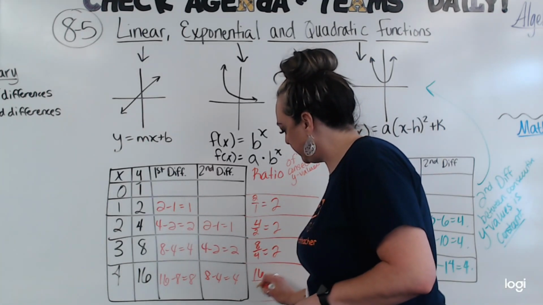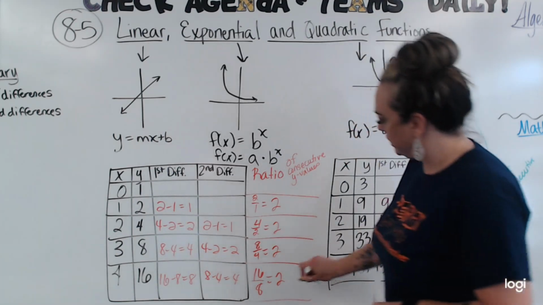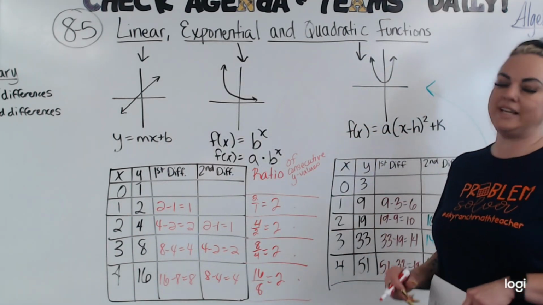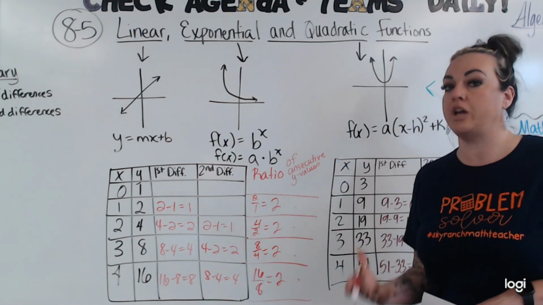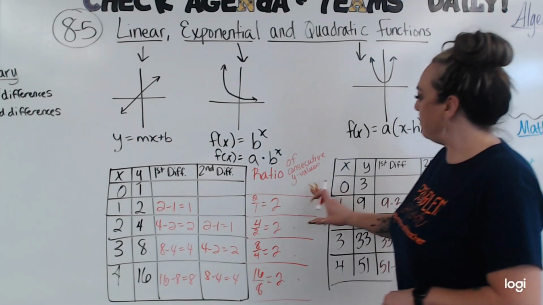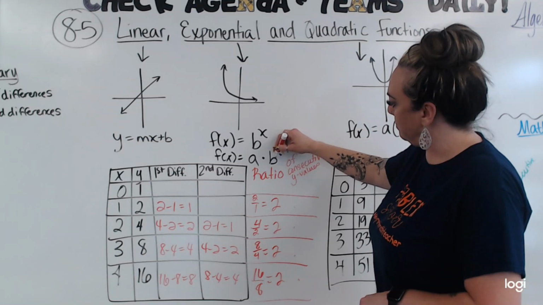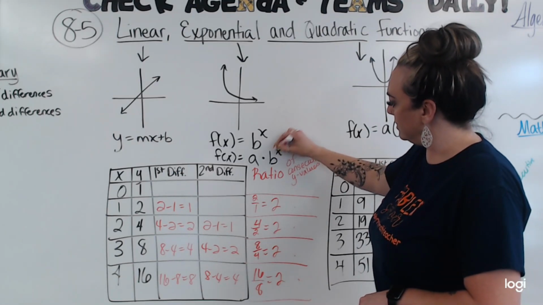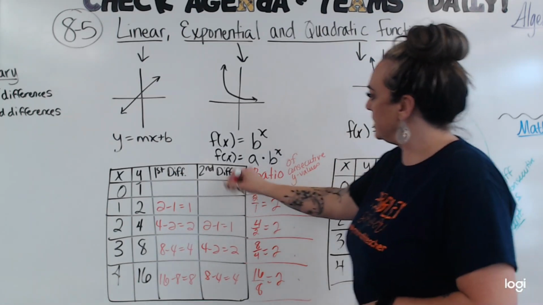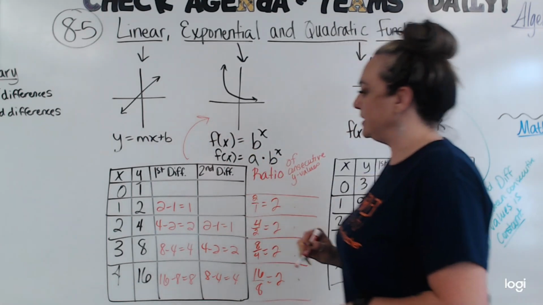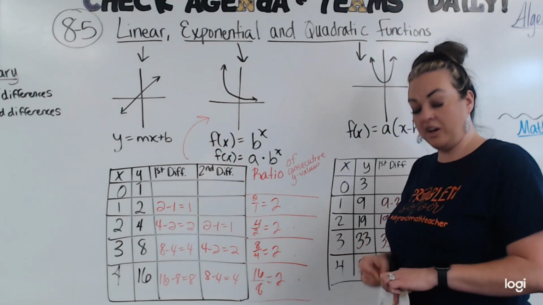And 16 divided by 8 is 2. So here's where we see a constant ratio. And that means it is an exponential. And remember, that's what the b value stood for, constant ratio. So this table is an exponential function.